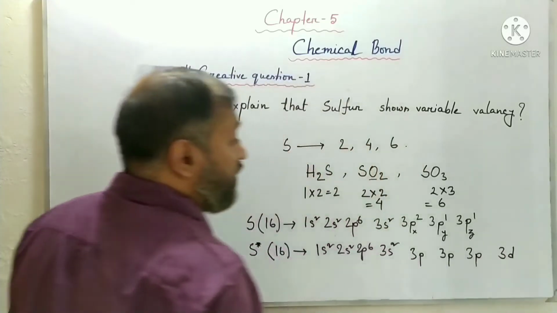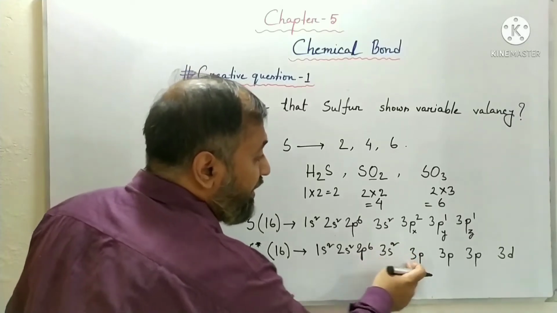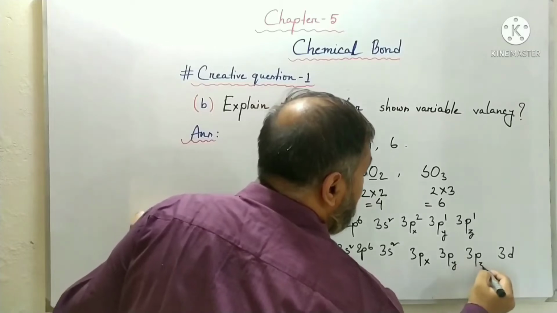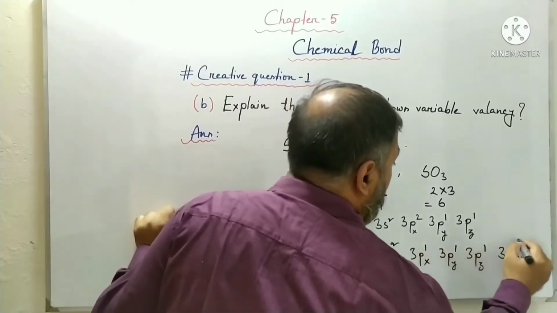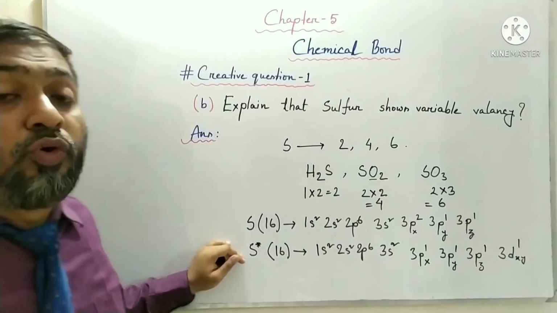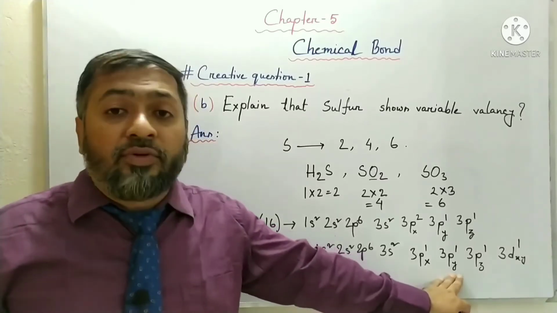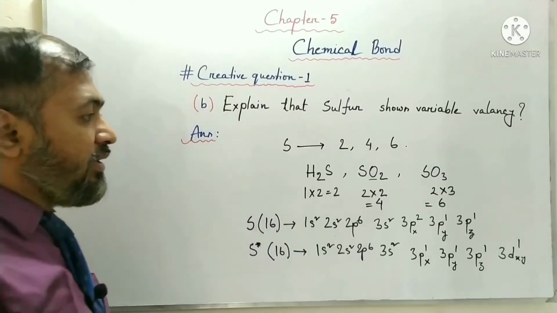So one electron is migrated from the px orbital to the d orbital. So the electronic configuration becomes this. So in this case, sulfur is able to show valency 4 because 4 unpaired electrons are present in the outermost principal energy shell.